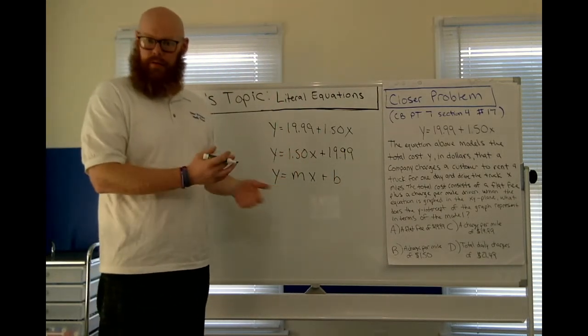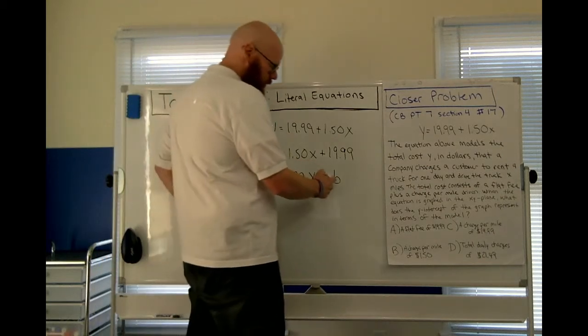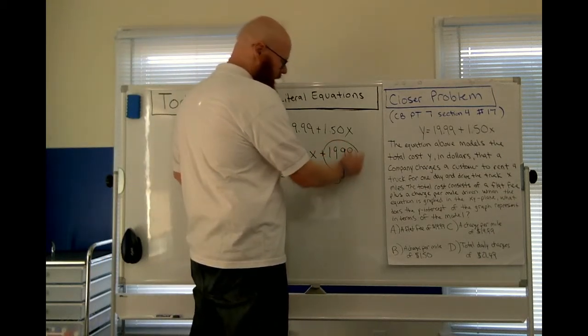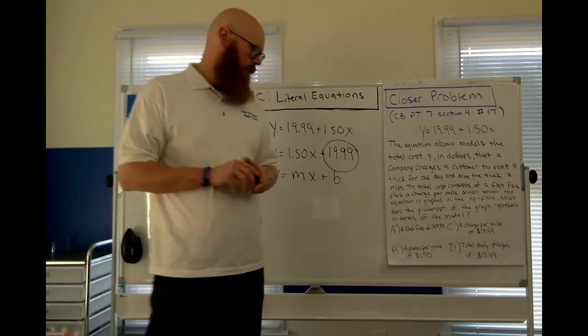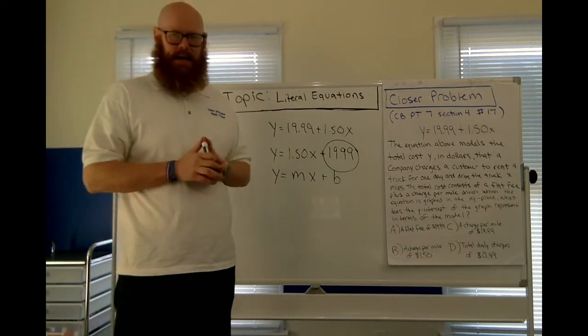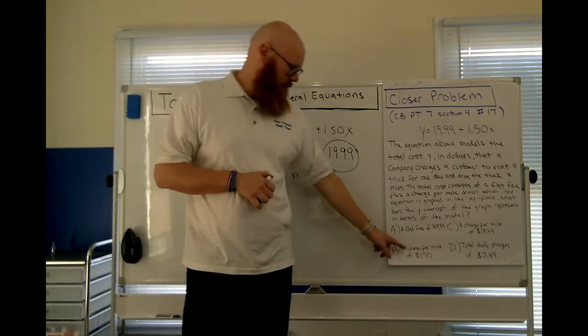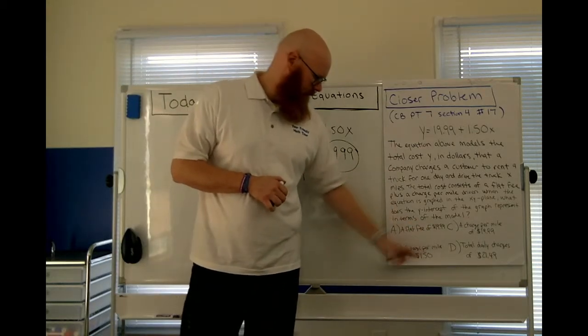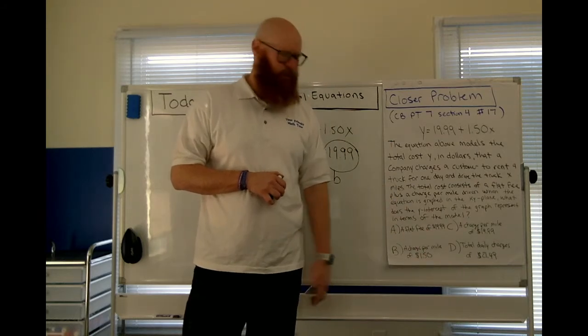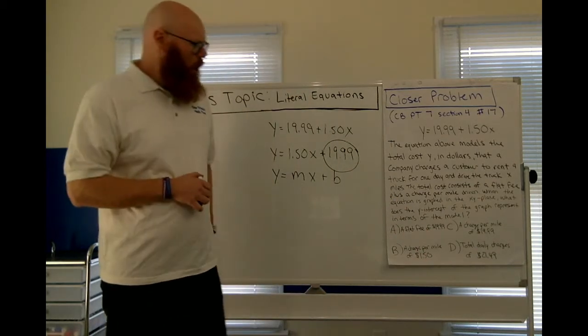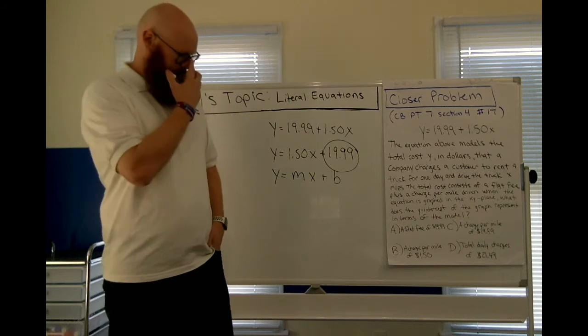So they're not talking about that in this problem. All they're talking about is the y-intercept, which is b, and that's $19.99. So we know that they're talking about $19.99. That eliminates B and D, because B is $1.50 and D is $21.49. So now we're down to A and C.